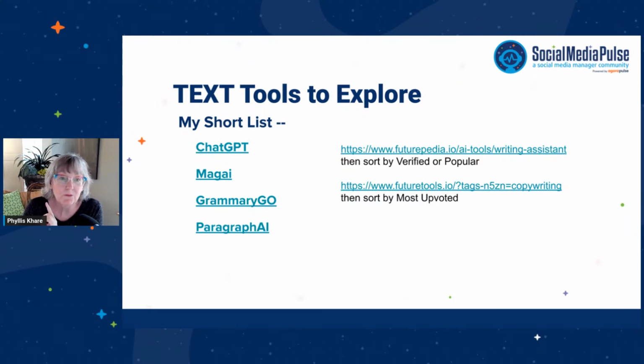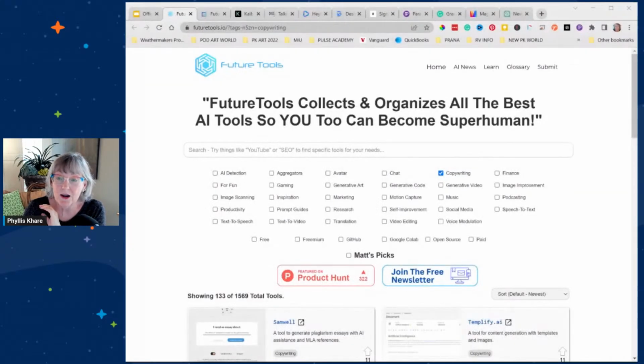But first, for each of these sections, text, audio, video, and images, I have these two links, one at Futurepedia and the other at Future Tools. And I just want to go ahead and go over there because I want you to see these two particular tools. These are directories.